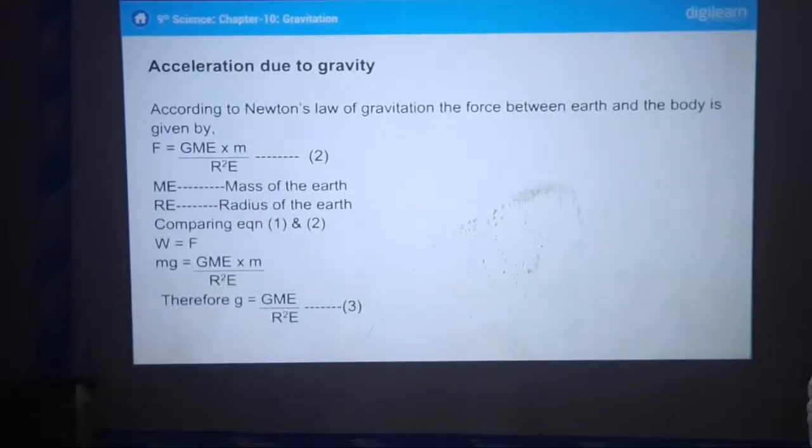According to Newton's law of gravitation, the force between the earth and the body is given by F is equal to G Me m upon Re square. Me is the mass of the earth, Re is the radius of the earth. Comparing equations 1 and 2, we have W is equal to F. mg is equal to G Me m upon Re squared. Therefore, g is equal to G Me upon Re squared.